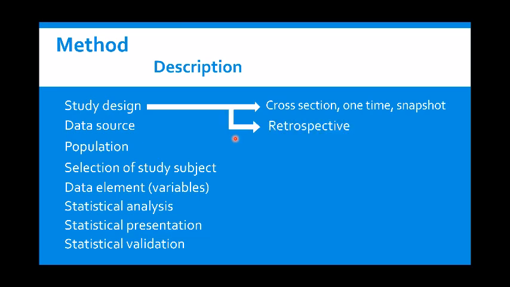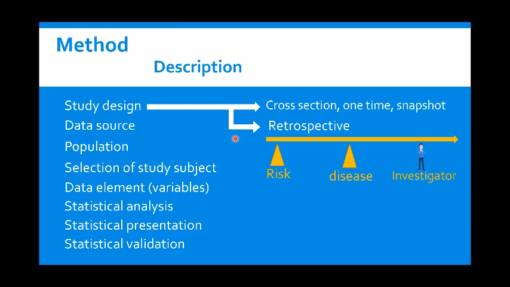While retrospective study is a cohort study. It's a study done over a long period of time, and it includes a risk of a disease and a disease. But the investigator looks at the relation between the risk and the disease retrogradely.